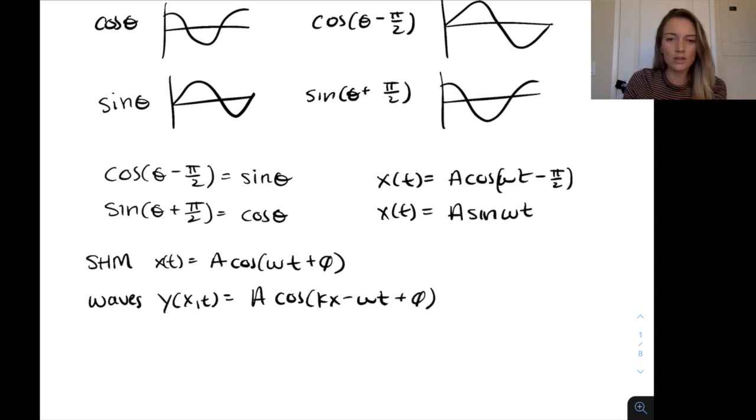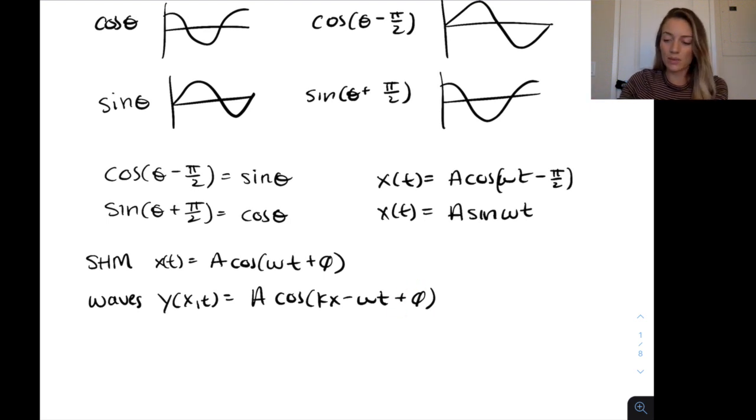But your book doesn't include this, which I think makes it a little bit more confusing, because you'll see other books that write sine here, and then it's not clear why some books use cosine and some books use sine, and it's because there's really a phase shift in here, and you can just shift between cosine and sine depending on if you add pi over 2 or subtract pi over 2. So there is really a phase shift in here in our transverse wave equation.